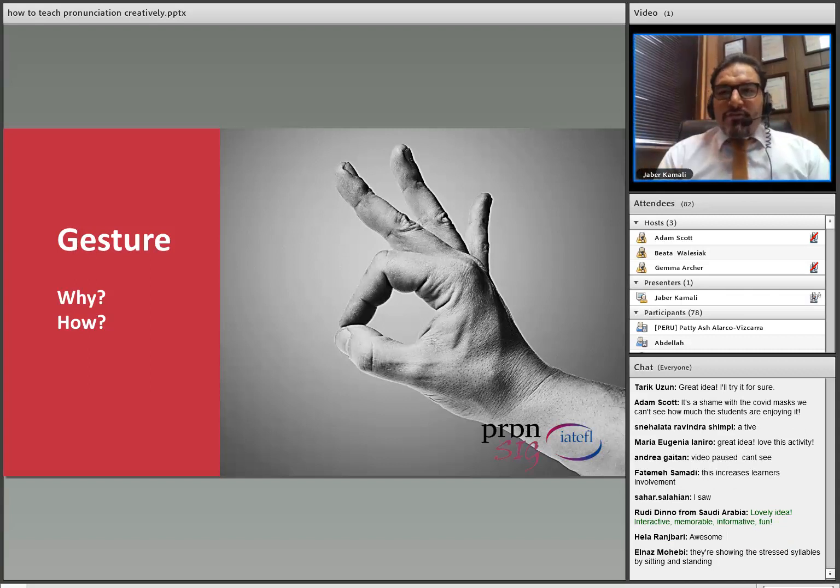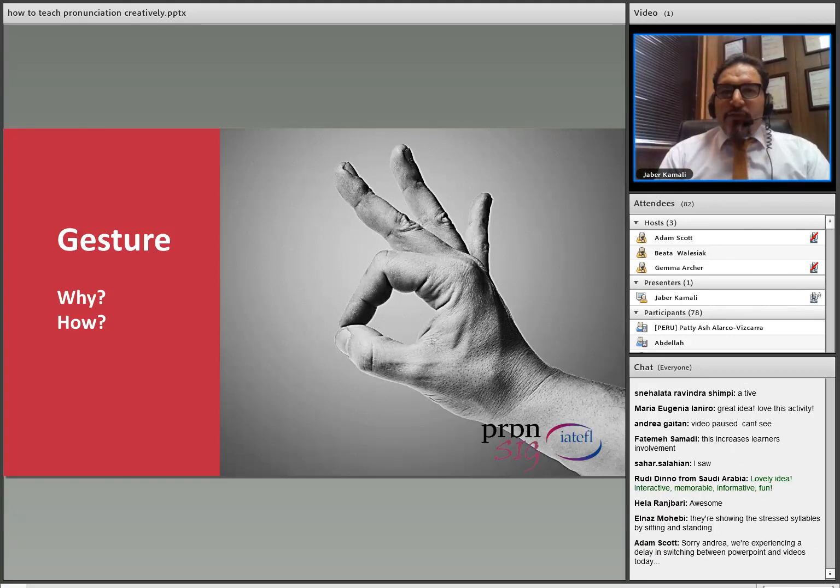If there are two syllables, one of them stands up, one of them sits down, and it shows where the stress is. In this way, you're working on the stress pattern. And as you know, English is a stress-timed language. It's very important to work on the stress pattern of the word, and this is a really good way to do that.